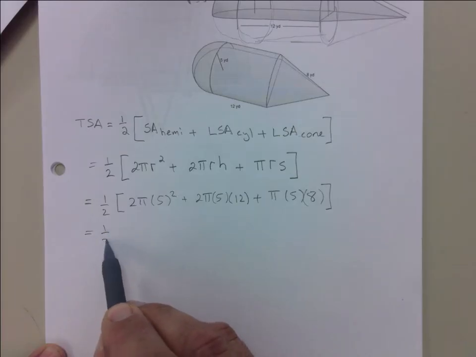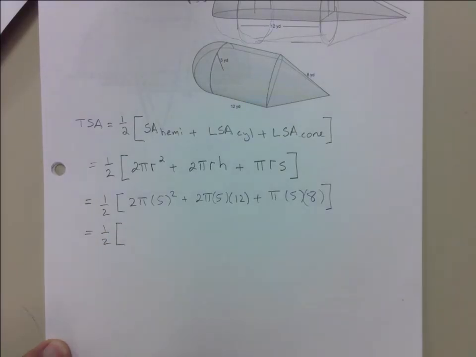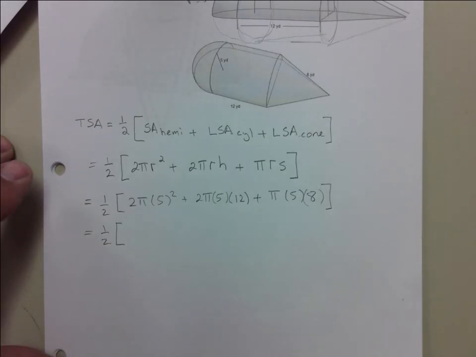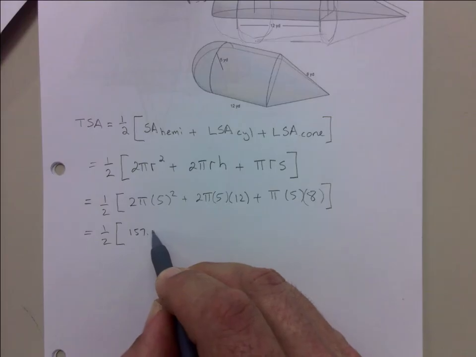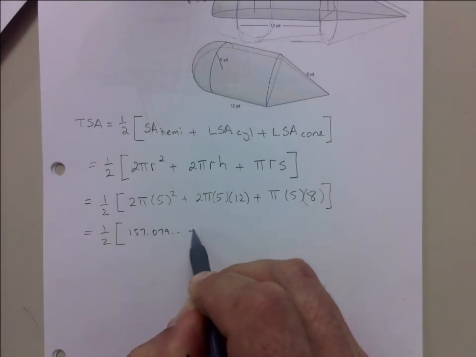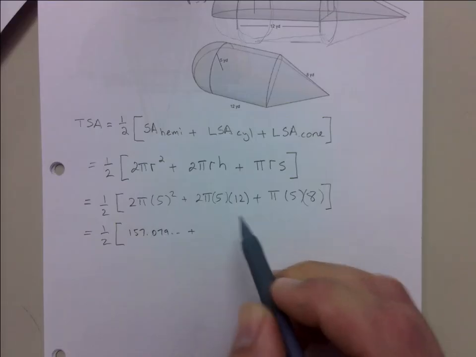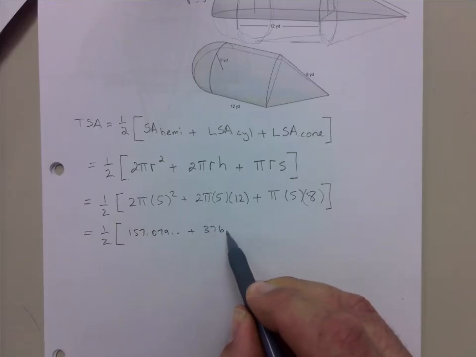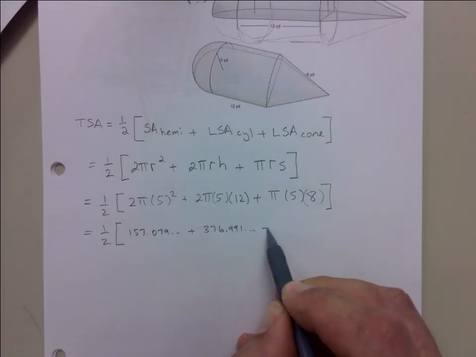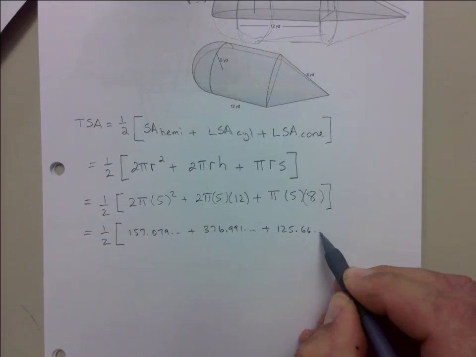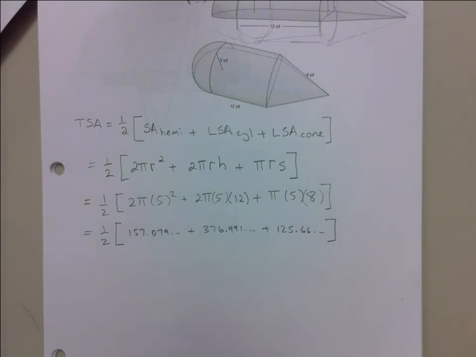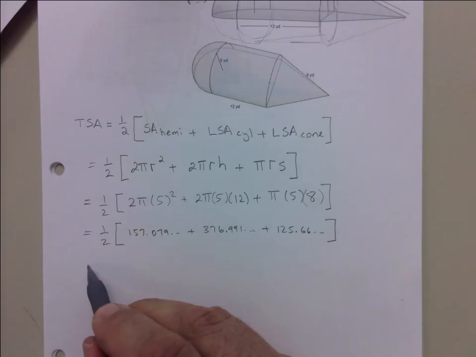So keep the half there, and so 2 pi r squared. I'm just making sure I got this. So this part is 157.079 something. This part is 376.991. The last part is 125.66 something. Okay, we're getting there. We're landing the plane.